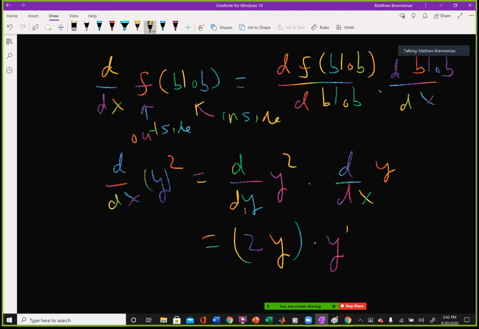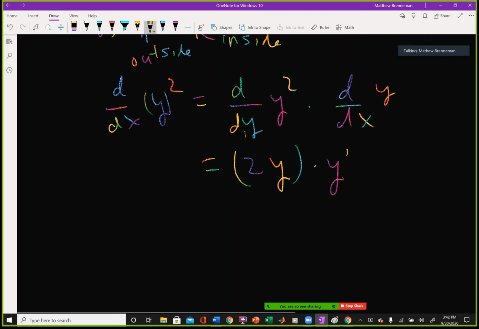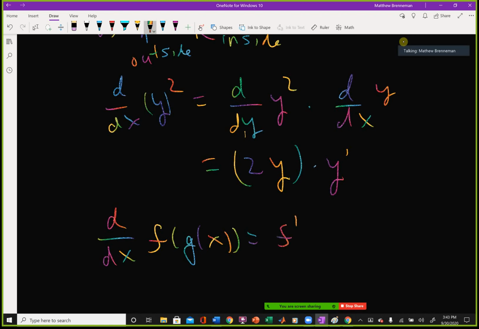So sometimes when people think about the chain rule, they write it this way, and here's how they think about it, okay? Let me show you another way of thinking about it if you don't like the blob picture. So I'm taking the derivative of a composition of functions. And so sometimes people write it like this. And here's how they think about it.